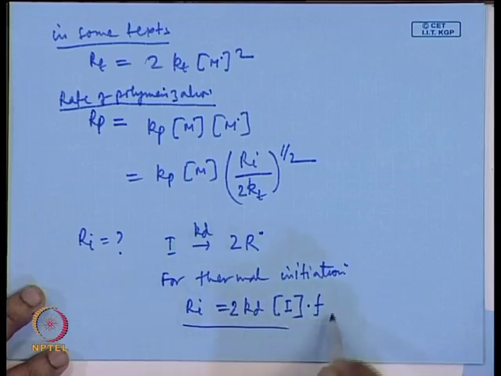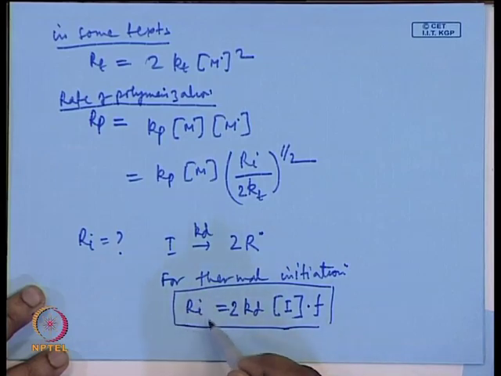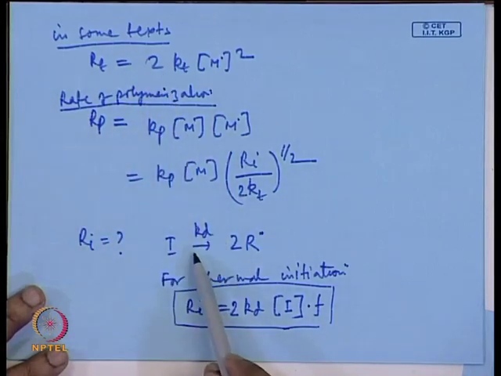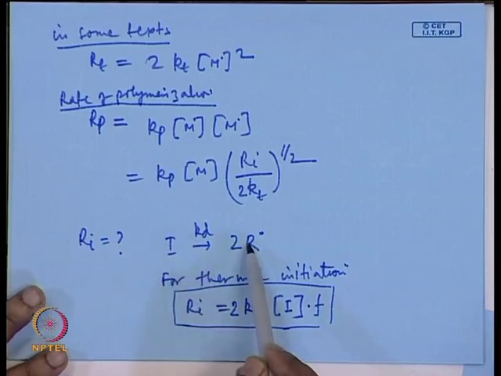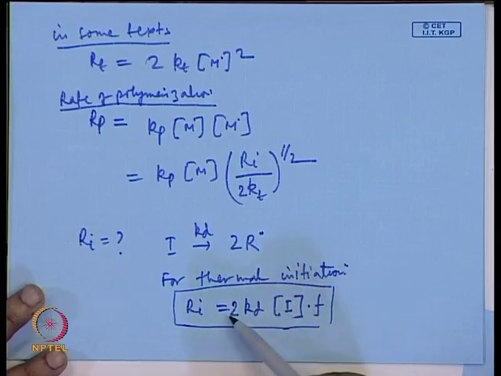So, this will give the total expression for the rate of initiation: rate constant of the dissociation, initiator concentration, this is the efficiency of initiator, and 2 we are writing because we are following the same convention as before. And the logic is that one initiator molecule is giving up 2 radicals which are initiating 2 chains. So, we are writing 2 here.